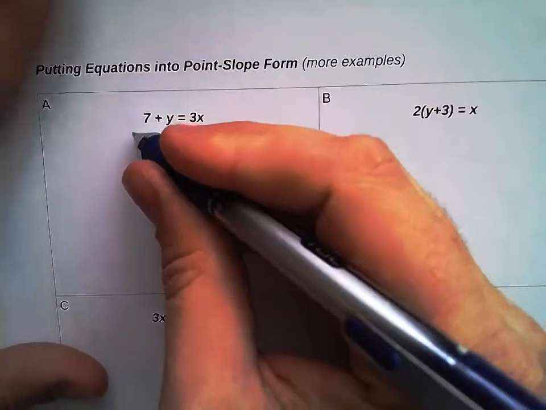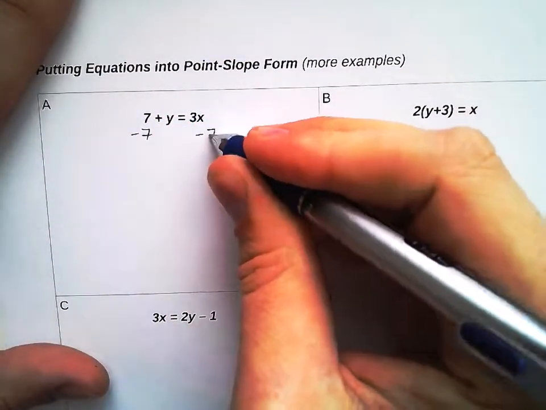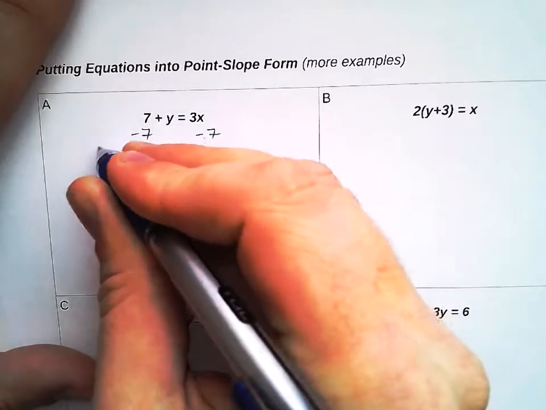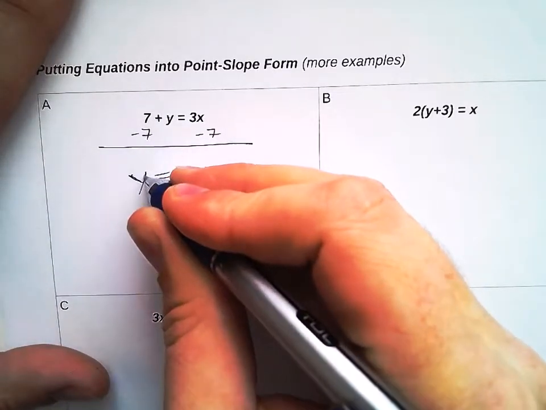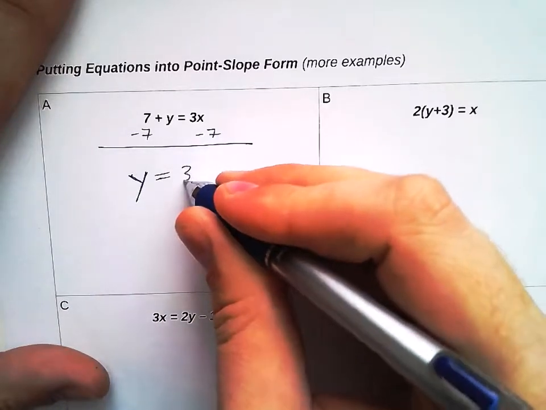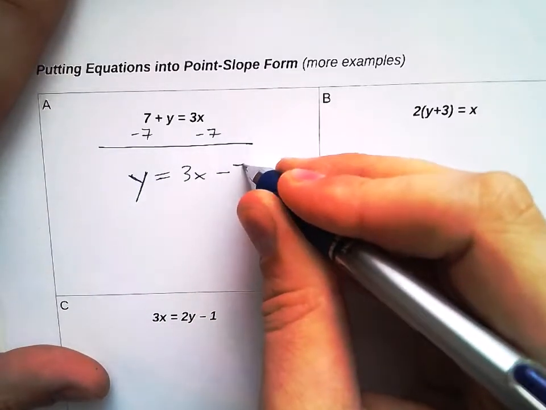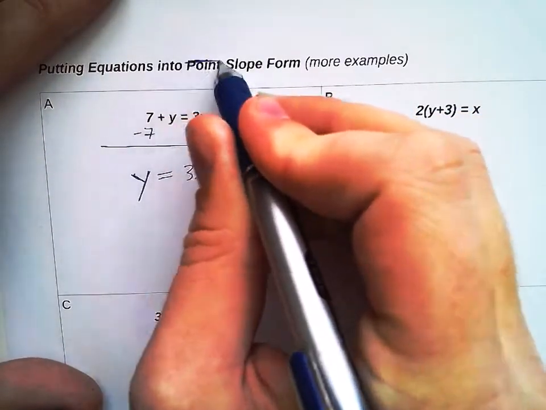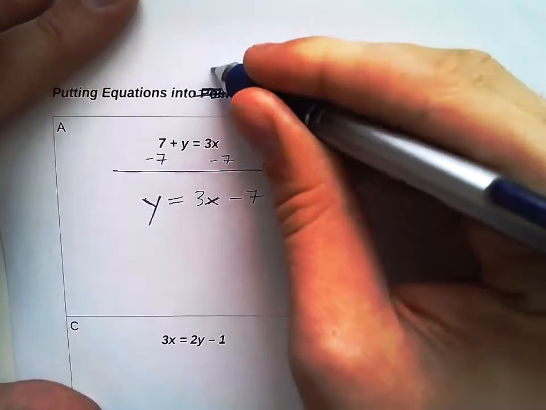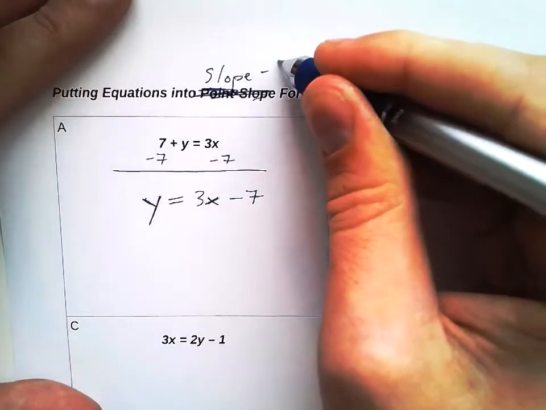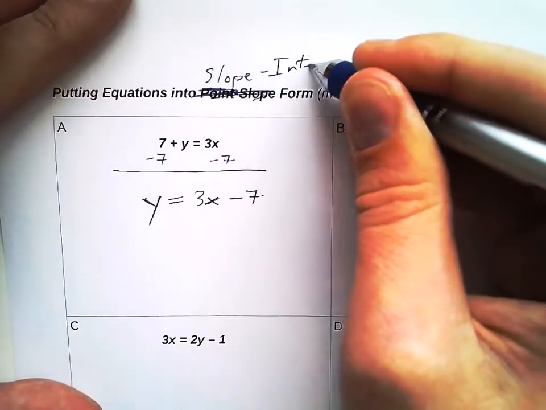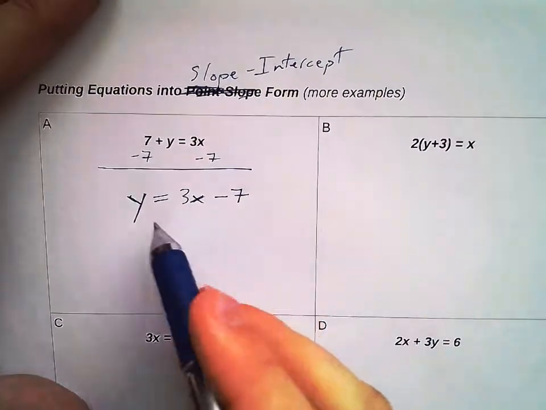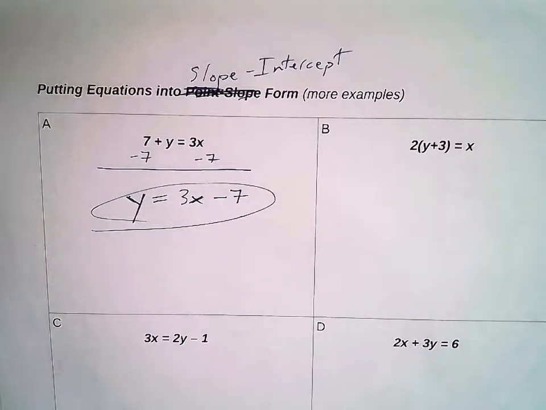This one, all we've got to do is subtract 7 from both sides, and we've got it in slope-intercept form. Okay, so that one we'll graph real fast.